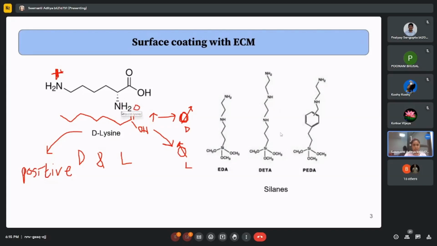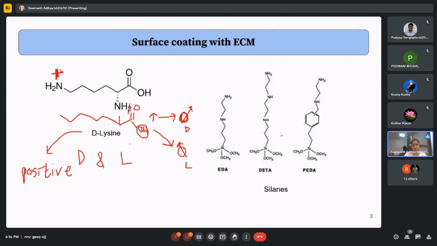Here this OH and one H from the NH2 will be removed, and we will form a peptide bond between the two monomers of amino acid. So the CONH bond that we say is the peptide bond.